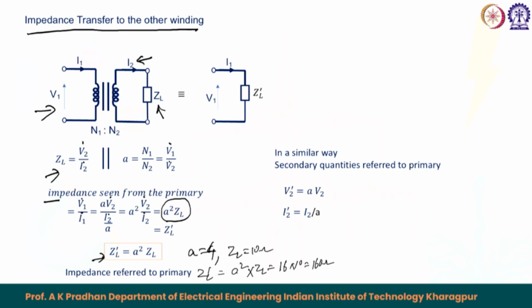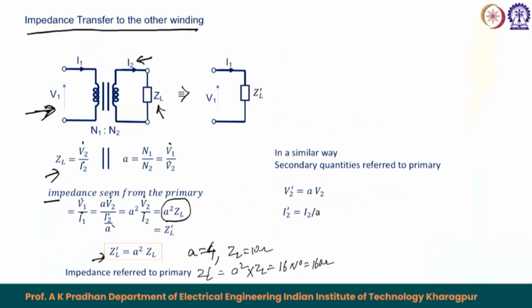So, this is about how the load impedance when connected is seen by the source side, that is the primary side. So, from this relation we got this to be A square ZL.